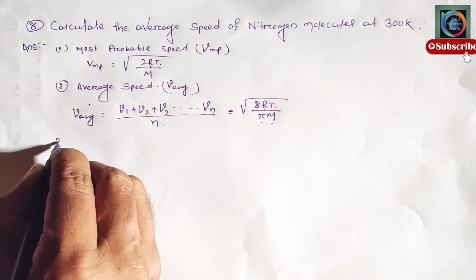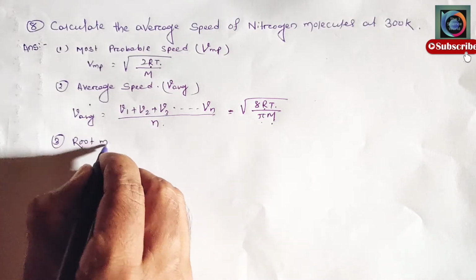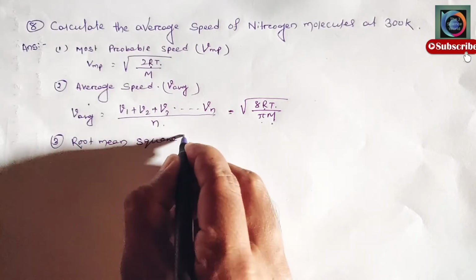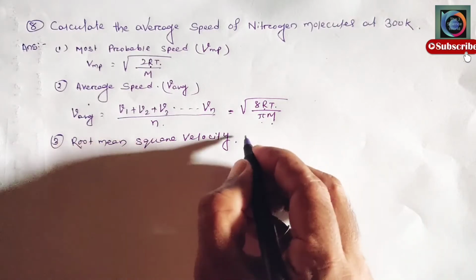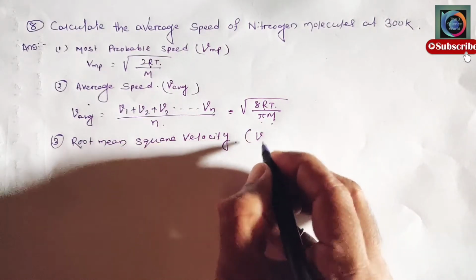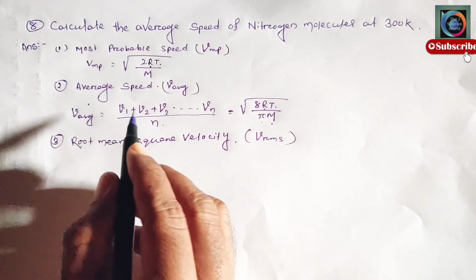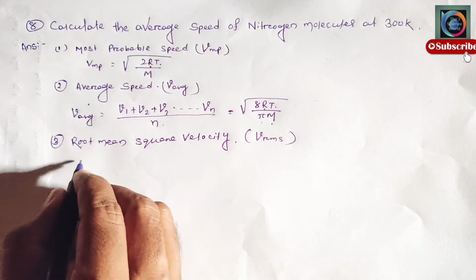Well, the third one is our root mean square velocity. It is expressed as RMS. If we take the square root of the mean of the squares of the velocities, we will get root mean square velocity.